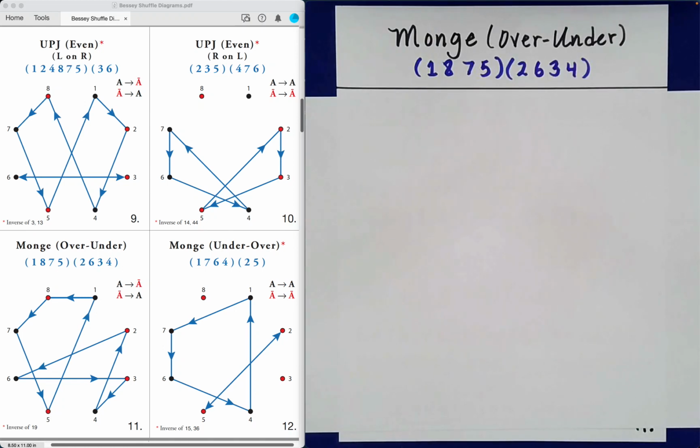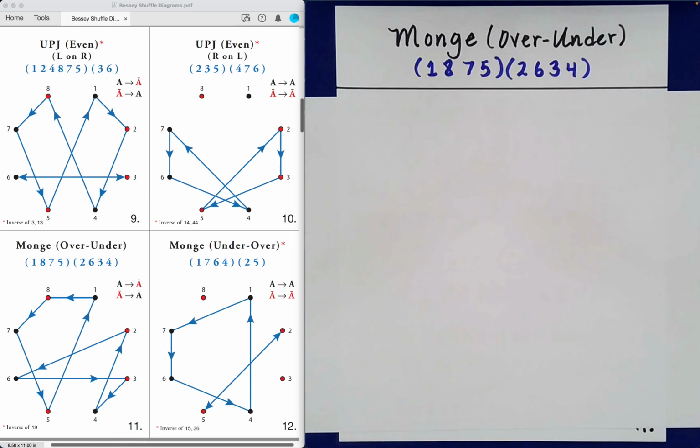Moving on to our next shuffle, which is called a Monge, M-O-N-G-E shuffle. It comes in 2 varieties, an over-under and an under-over, as you will see. So this is a very popular shuffle and can be used in a variety of settings to, quote, randomize the cards in a way that many of the other shuffles do not.